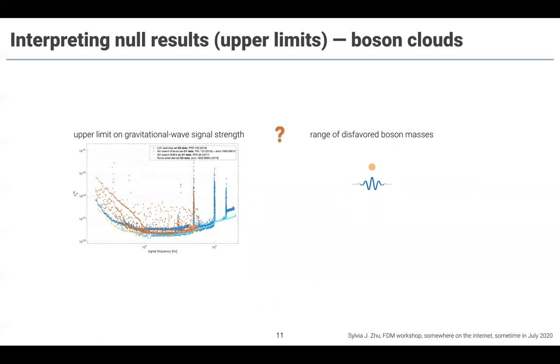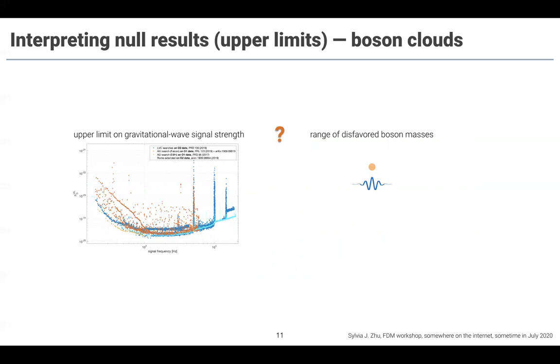So what I'm showing on the left here, and I'll show it larger soon, is a set of recent results from all sky searches, where on the vertical axis you have this upper limit on strain, so upper limit on the gravitational wave signal strength that we can detect. And then on the horizontal axis, you have a signal frequency.